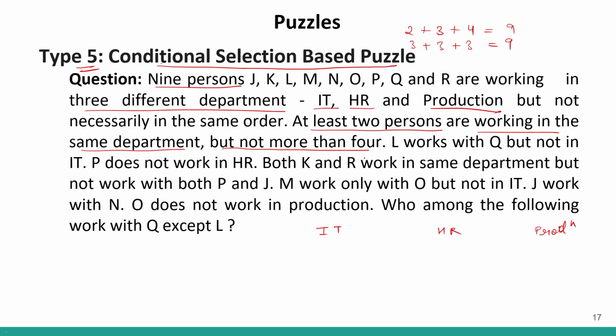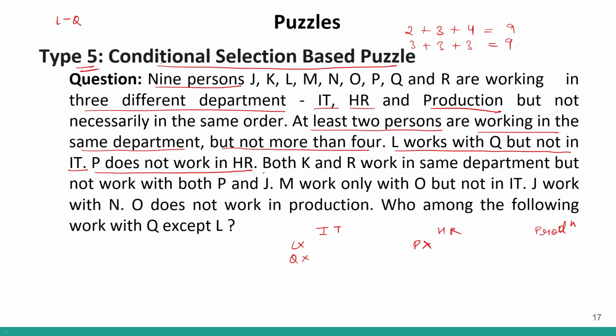Now, L works with Q but not in IT. So now I can simply write IT will not have L, IT will not have Q. And now I'm writing the conditions over here. L and Q work together, but they do not work in IT, so L cannot be here, Q cannot be here. P does not work in HR, so I can eliminate P from HR.